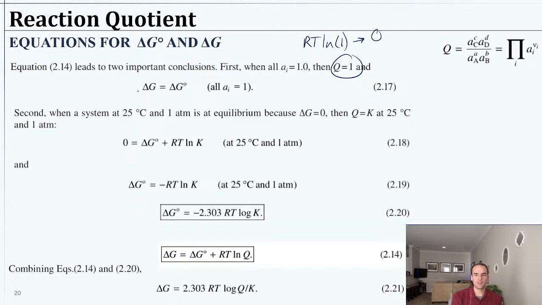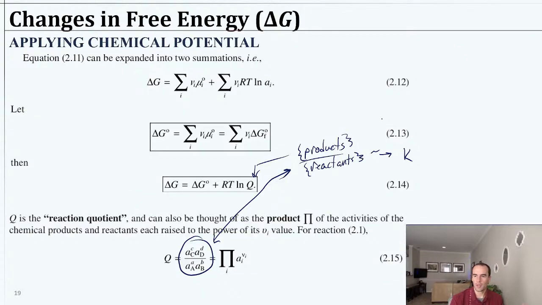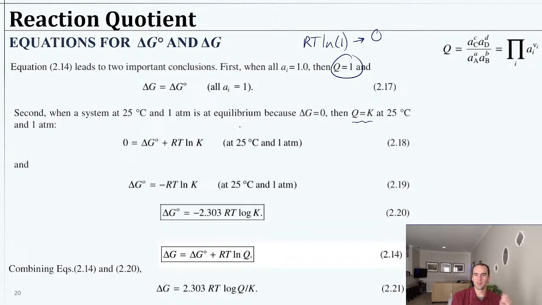So that's very handy, because then we can say, well, at equilibrium, delta G is 0, then Q is really equal to K. I should not quite say Q is equal to K. We'll just erase that and leave it here, because here's where we get K. So if delta G is 0, then Q is equal to K. That's what I'm trying to say.